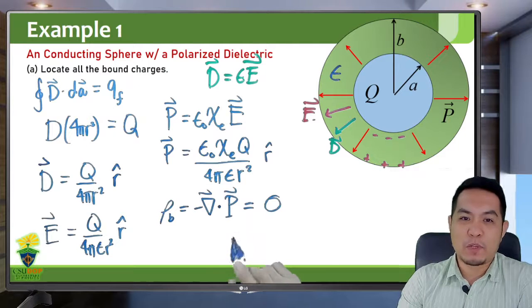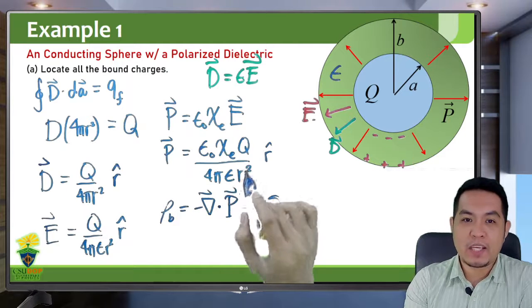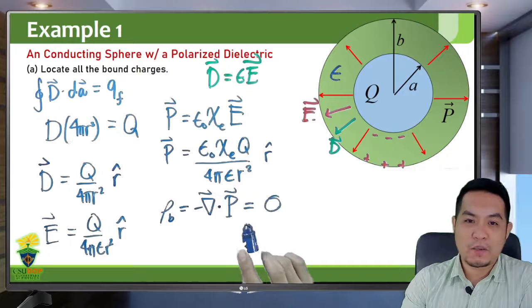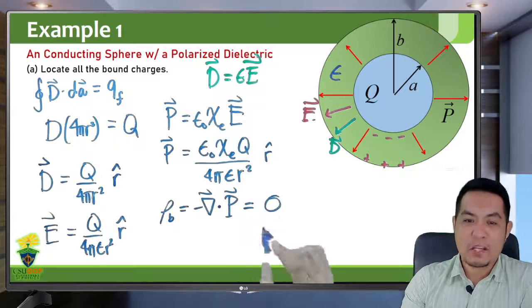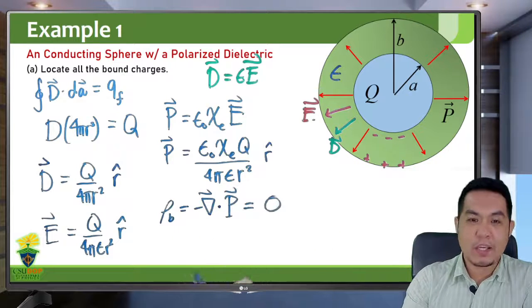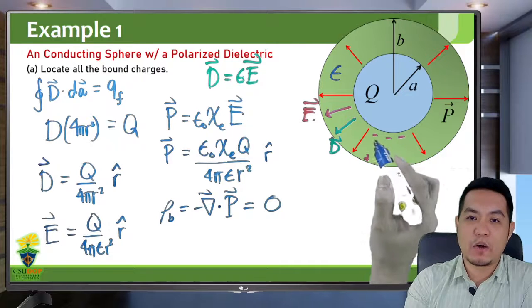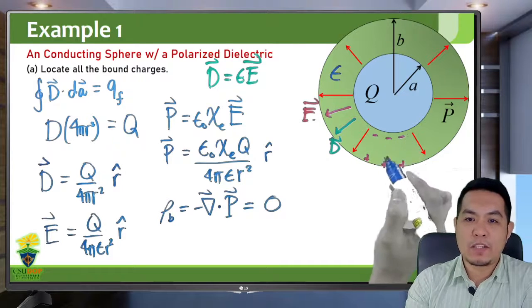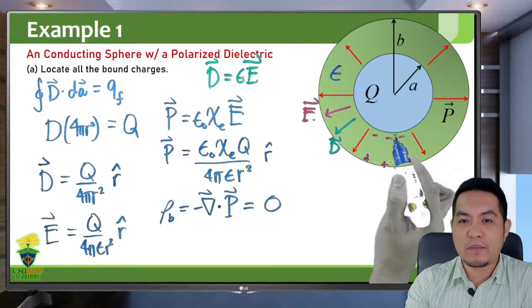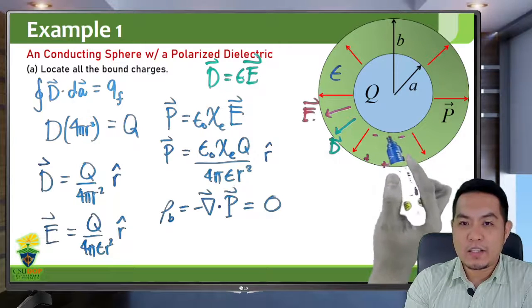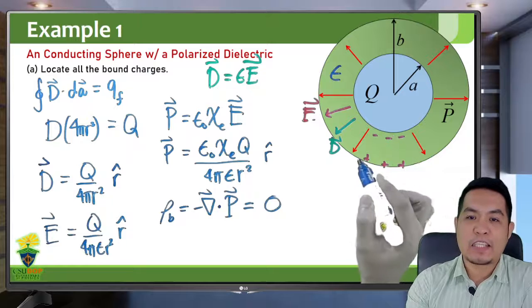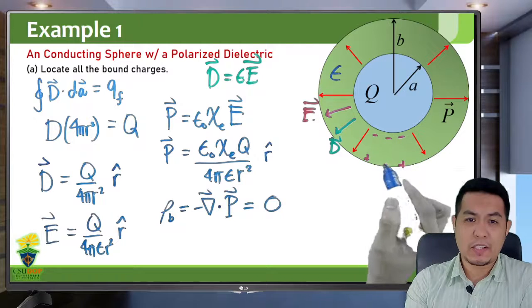In this case, our P is proportional to 1 over r squared, so it has zero divergence, and therefore zero volume bound charges. So no volume bound charges for this case, only surface bound charges: negative charge density on the inner surface, positive charge density on the outer surface.